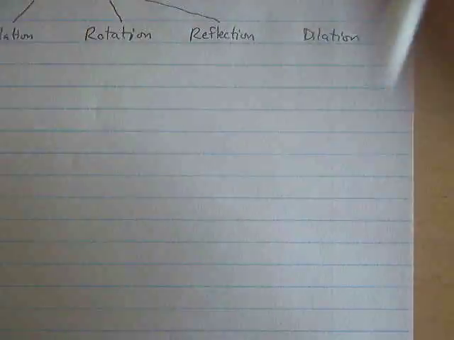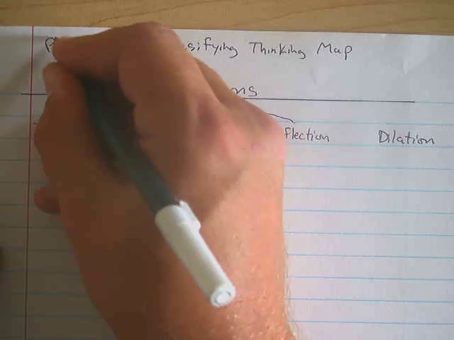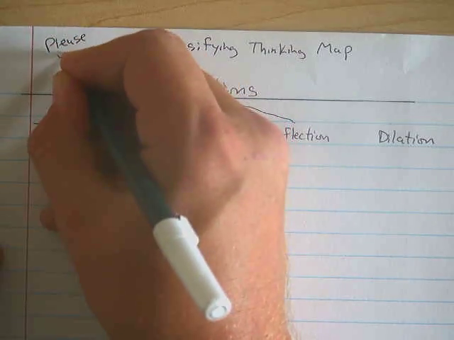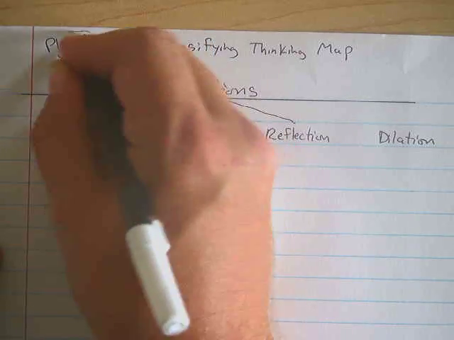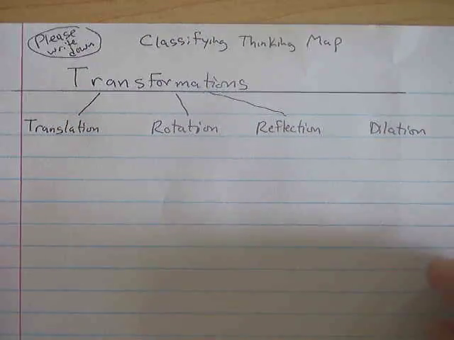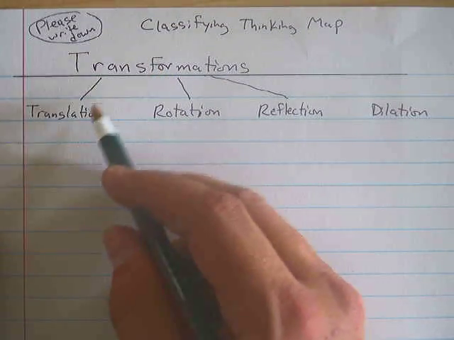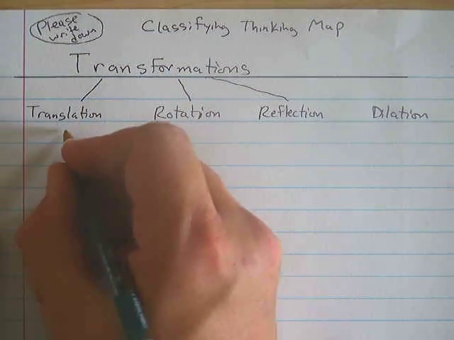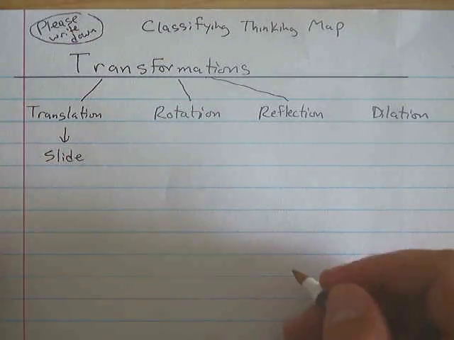So I have a thinking map I'd like you to write down. Please write this down. This is going to help us throughout the entire unit. In transformations, we have four major ones. Translations, which is like a slide.